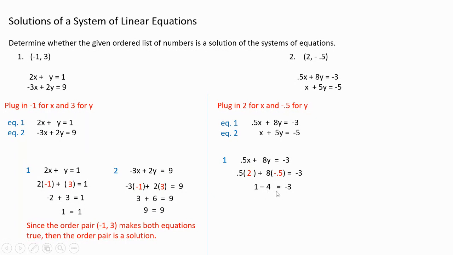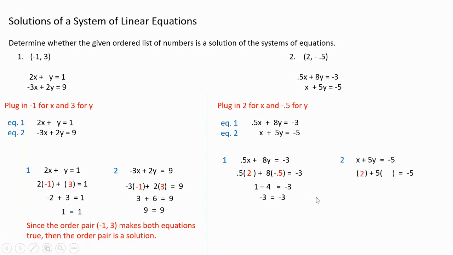This gives us 1 minus 4 equals -3. So this makes it true. Once it's true, we can proceed to plug it into equation number 2. If this wasn't true, then we would stop there and just say the ordered pair (2, -0.5) is not a solution.